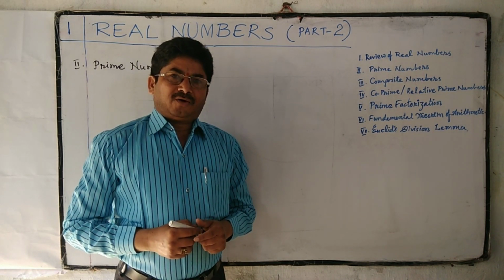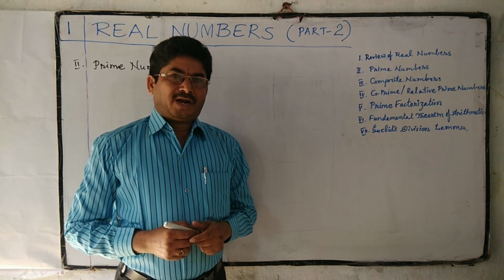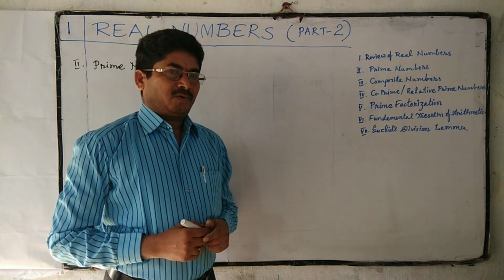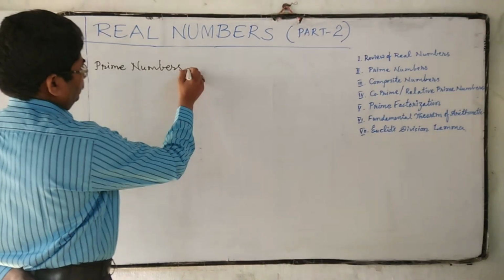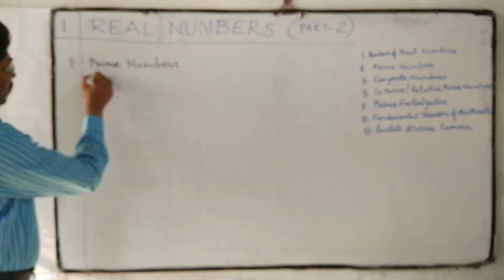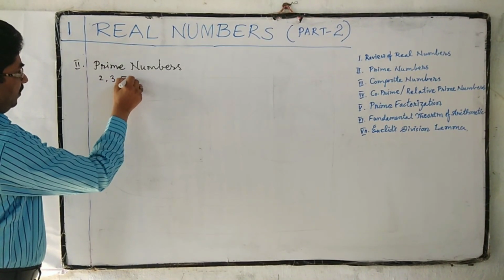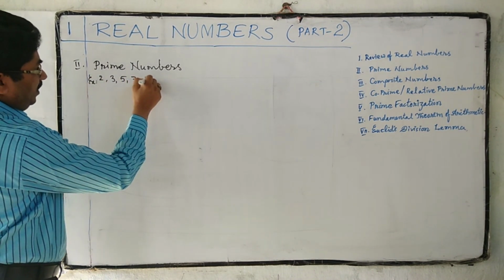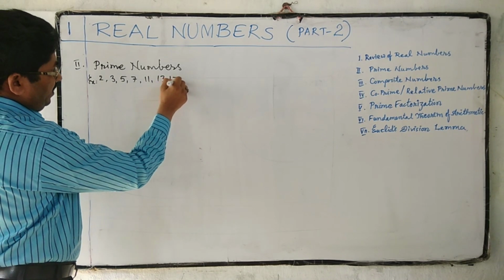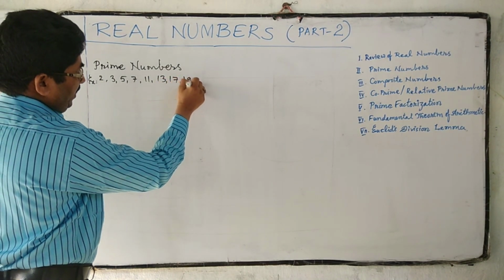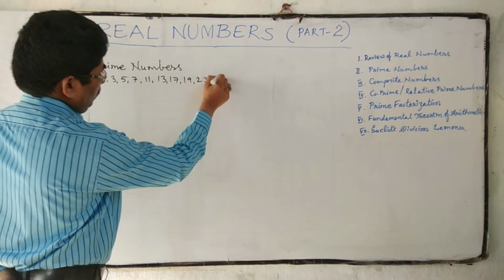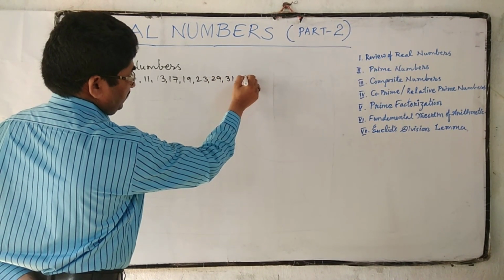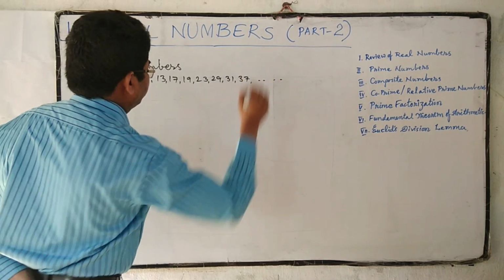The numbers which have only two factors, one and itself, are called prime numbers. Examples: 2, 3, 5, 7, 11, 13, 17, 19, 23, 29, 31, 37, and so on.